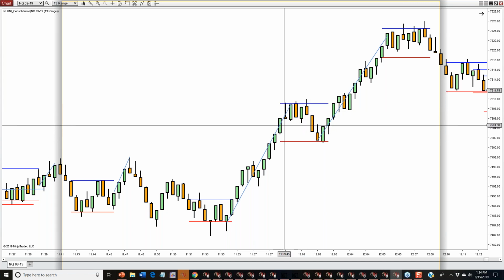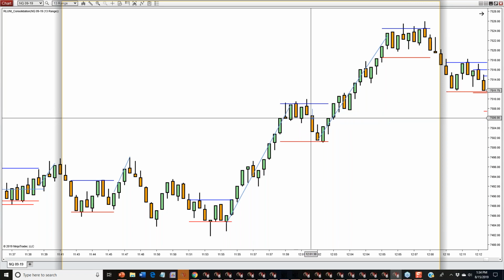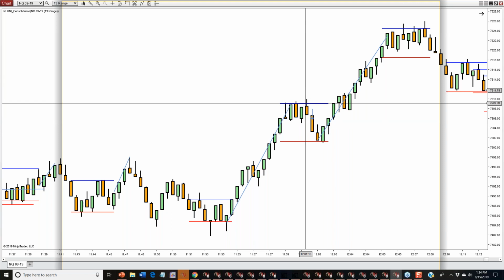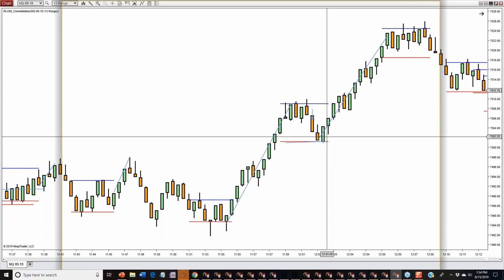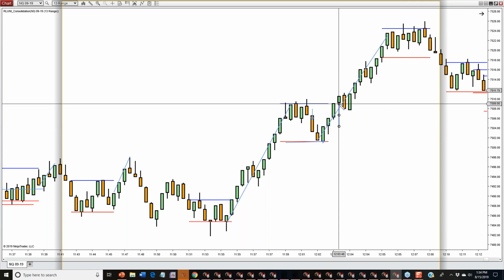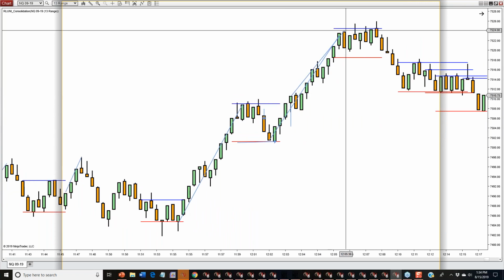So after 1, 2, 3, 4, 5, 6, 7, after this candle, you're going to have the blue and the red right here. And you're going to wait for that first candle breakout, and you're going to take the trade long.